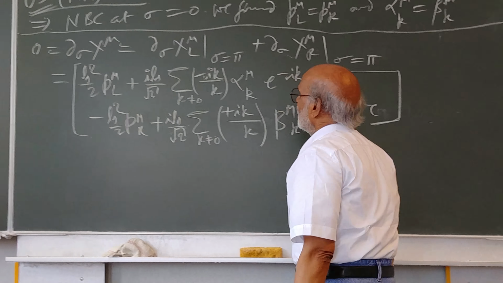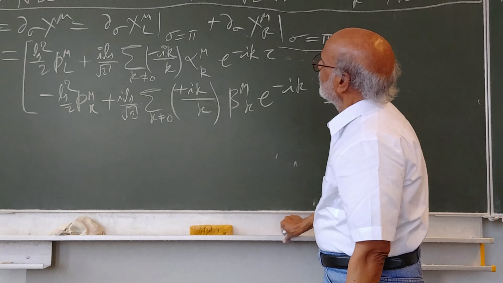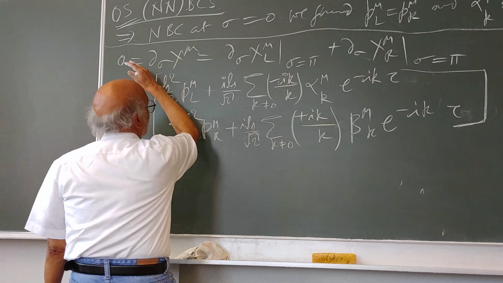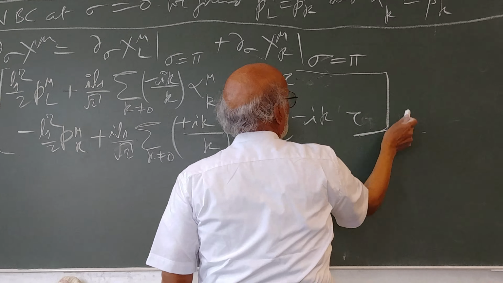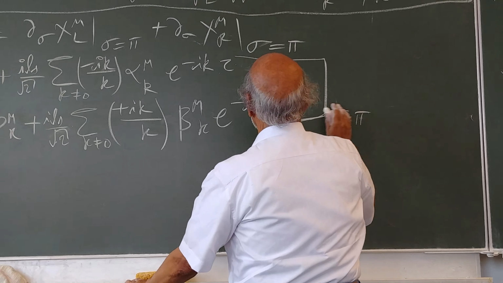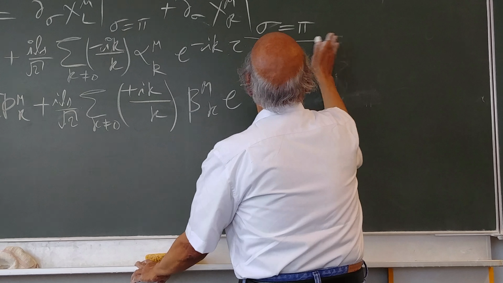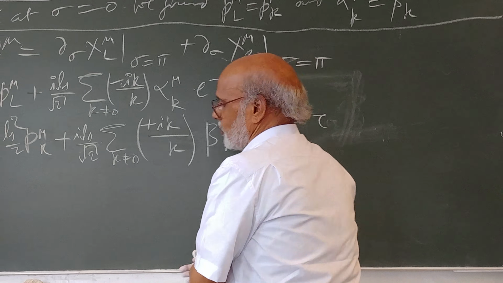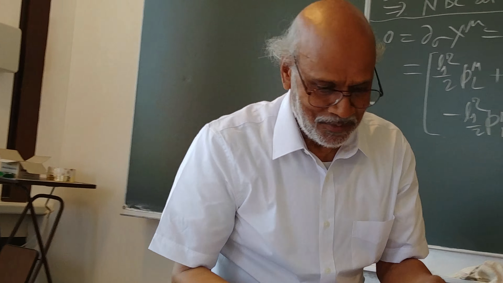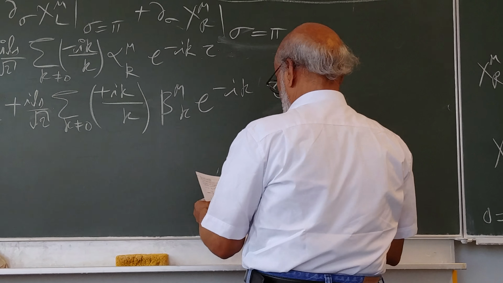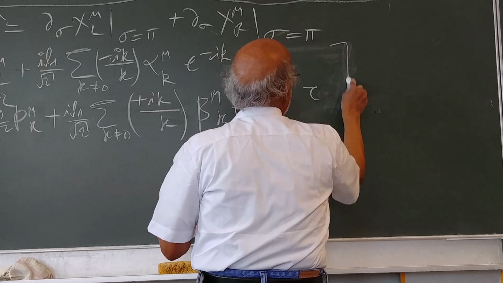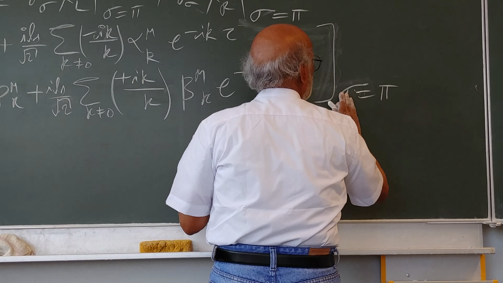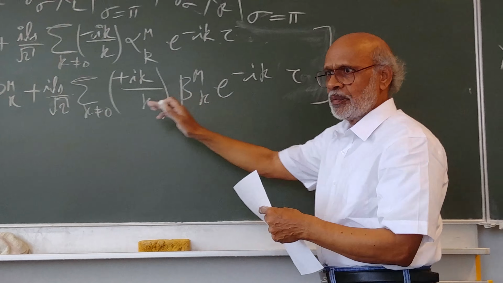No, this is the outcome of the other one. This we are applying at sigma equals pi. No, you are right. Let me see, I have made a mistake. This is sigma equals pi and sigma equals pi. So let me put this into a bracket and call it sigma equals pi. Now let me do it carefully.